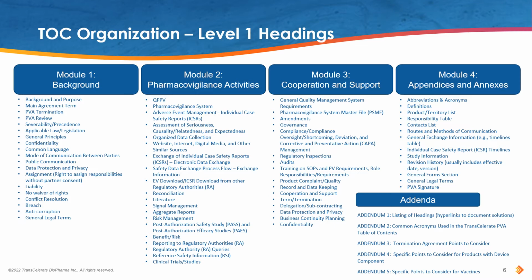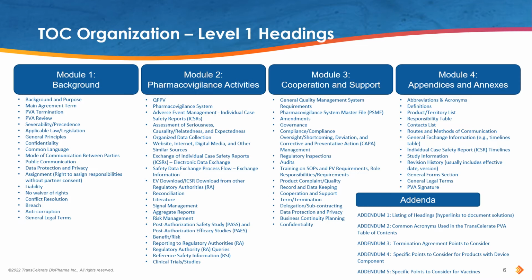The table of contents is organized into 4 modules. Module 1, Background, addresses several topics which can be in the main agreement and the PVA or just the main agreement, such as terms of agreement, legal sections, and administrative information. Therefore, this module may also relate specifically to the individual company guidelines and legal requirements.